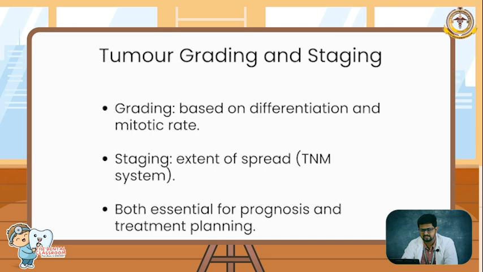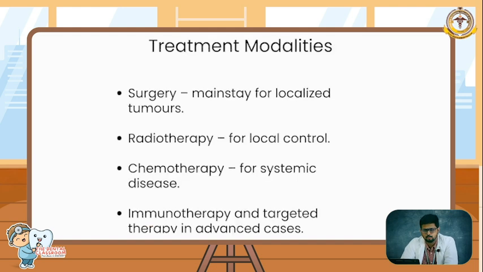Tumor grading and staging: grading is based on differentiation and mitotic rate. Staging shows the extent of spread using the TNM system. Both are essential for prognosis and treatment planning. Treatment modalities are surgery, radiotherapy, chemotherapy, immunotherapy and targeted therapy.